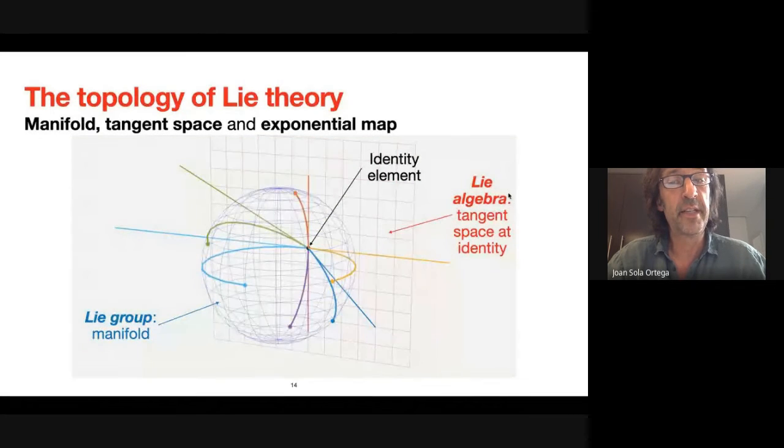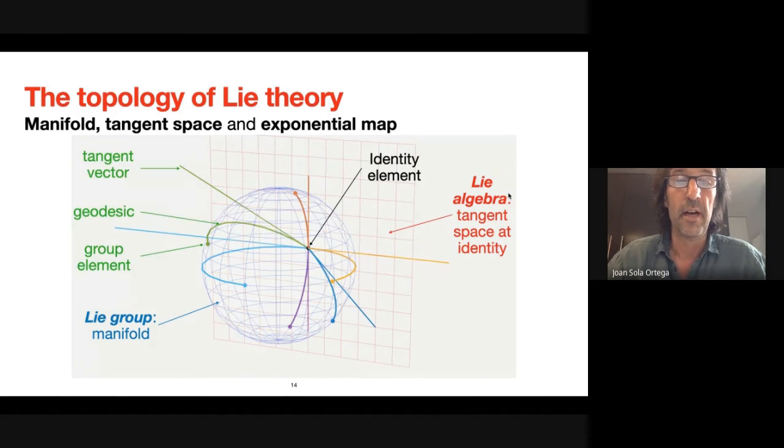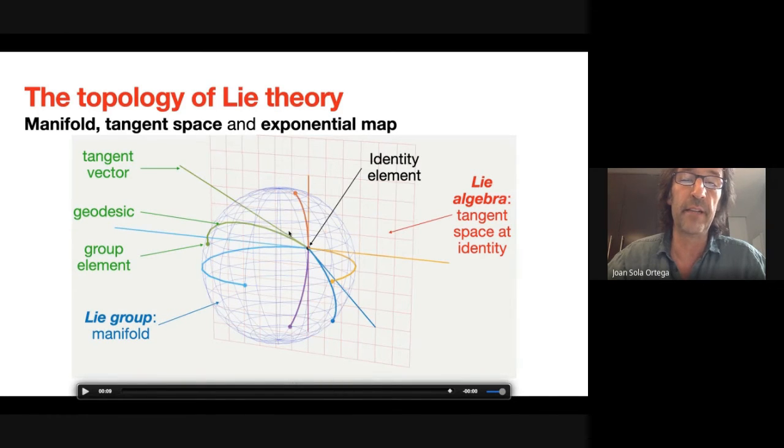And if this point is the identity element, this tangent space is called the Lie algebra. We will talk about this later. This is called the Lie algebra. We can define vectors in the Lie algebra. This red line here is a vector, which is tangent to the sphere at the point identity. This vector is tangent to this sphere at this point.